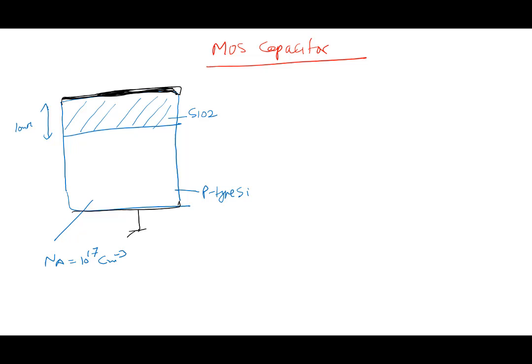And we put this to ground. This is what we call the gate. Right, all of you are familiar with this MOS capacitor. That's the basis for MOSFET.